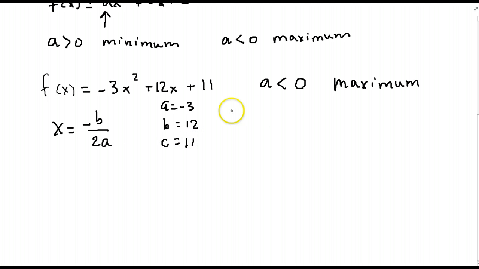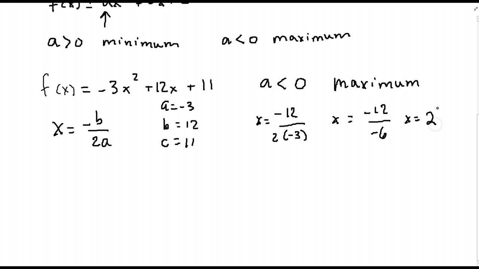So the opposite of b is -12. So we have x equals -12 over 2 times a. So that's 2 times -3. So x equals -12 over -6. Simplify, x equals 2. So our axis of symmetry falls at 2.